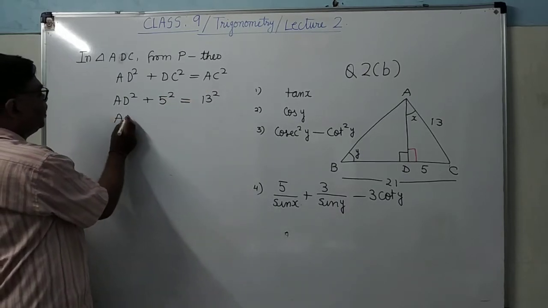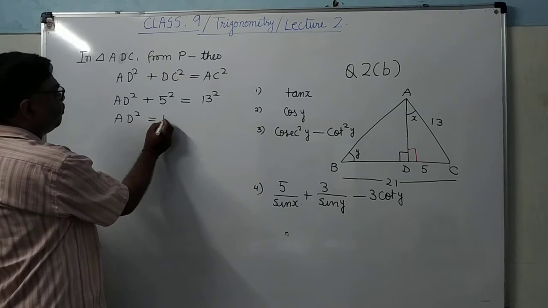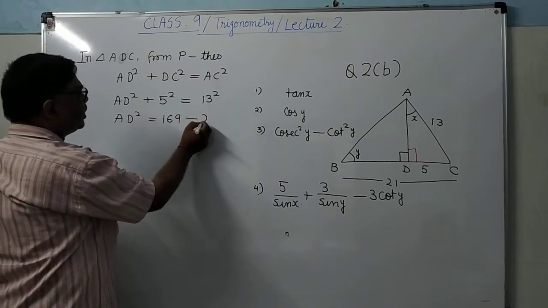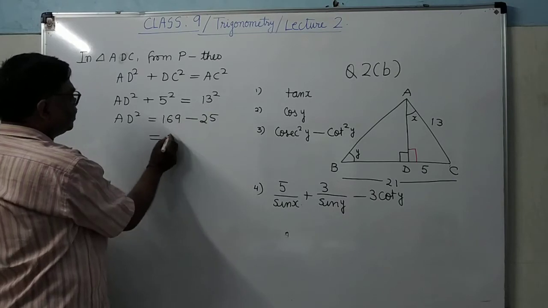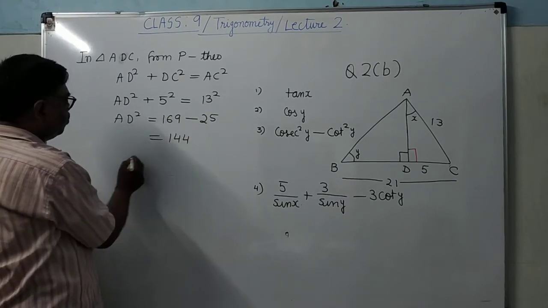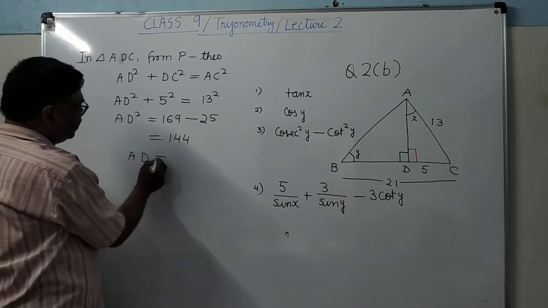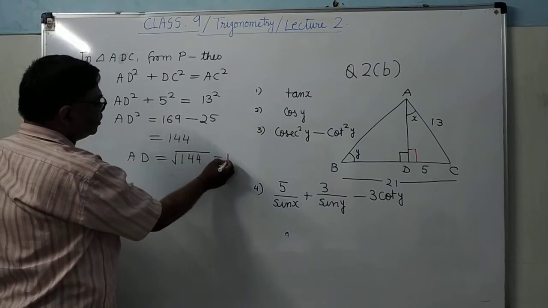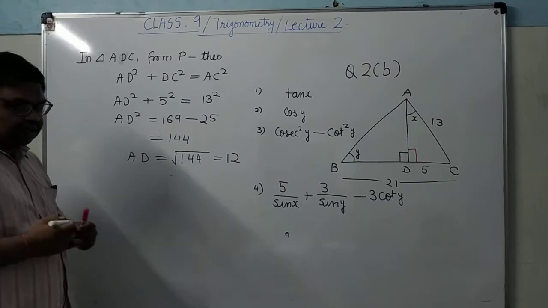So what will be AD square? That is 169 minus, when you take it to that side, 25, that equals 144. So what will be AD? Square root of 144, that equals 12. It's clear?